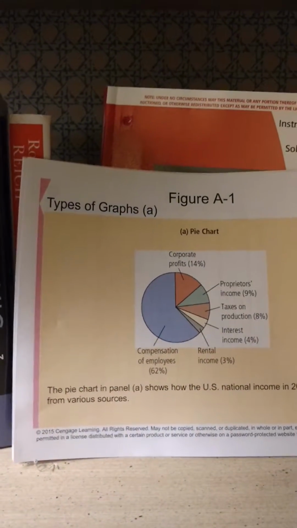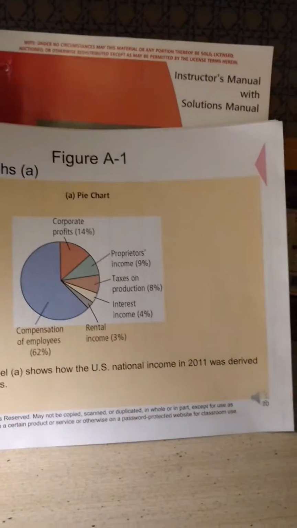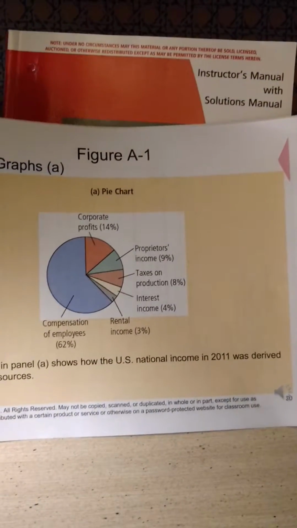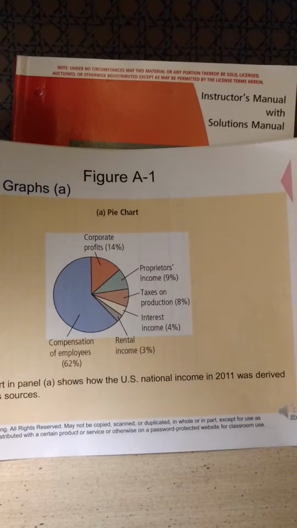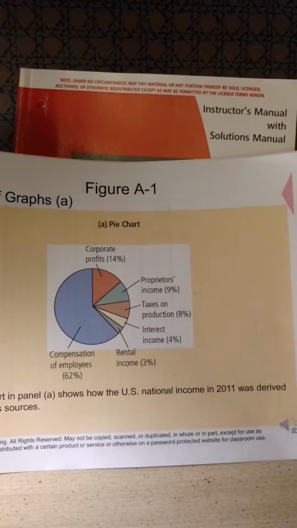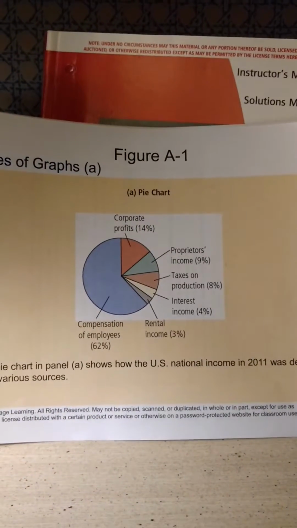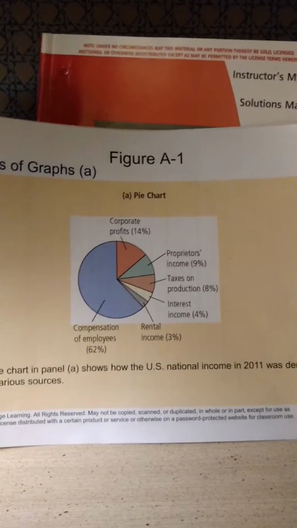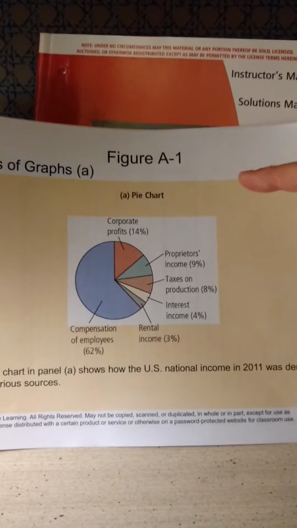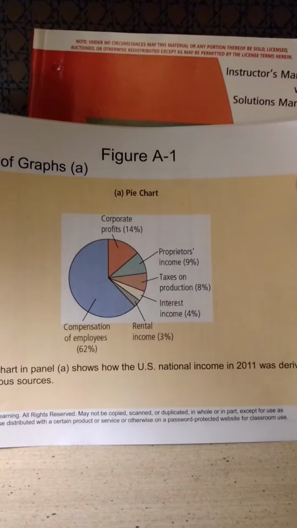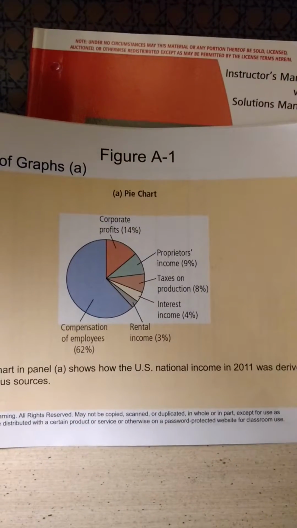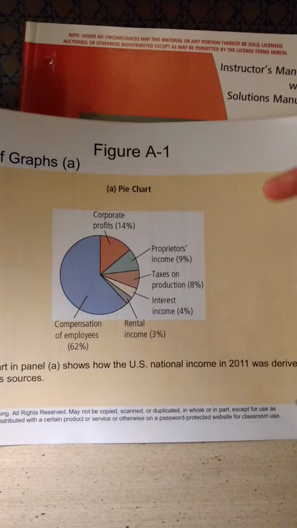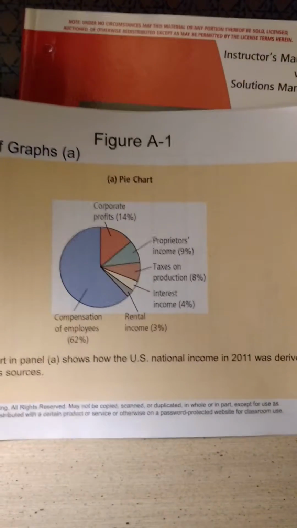Okay, so in this figure A, as you can see, the pie chart is measuring U.S. national income in 2011 as derived from various sources. And you can tell that each component of income as measured in the national income is represented by a different color, and each has a different percentage.